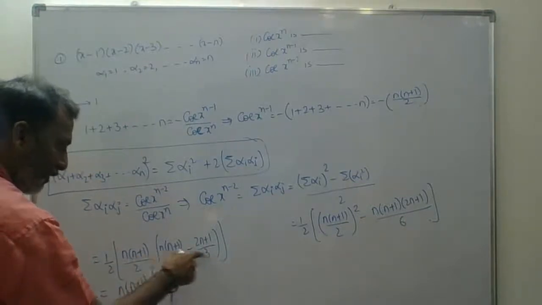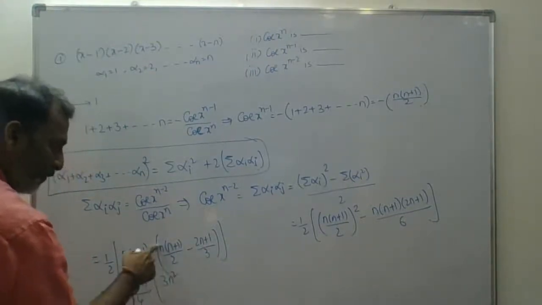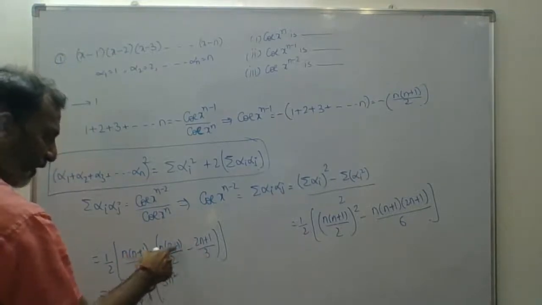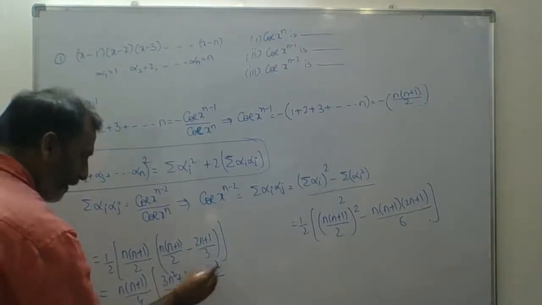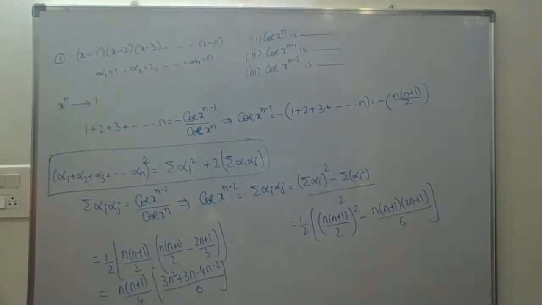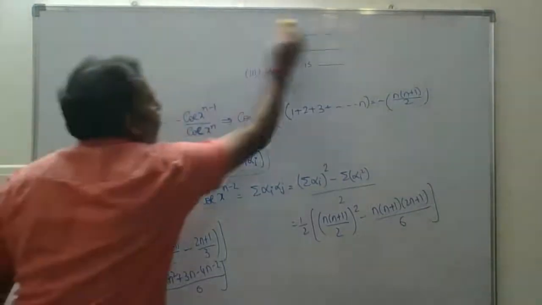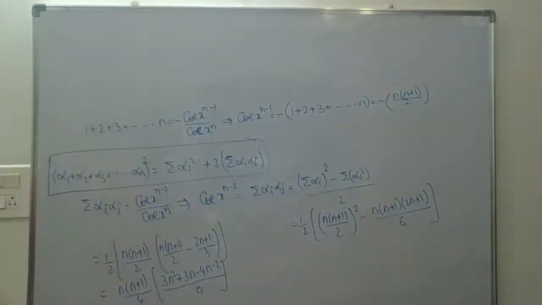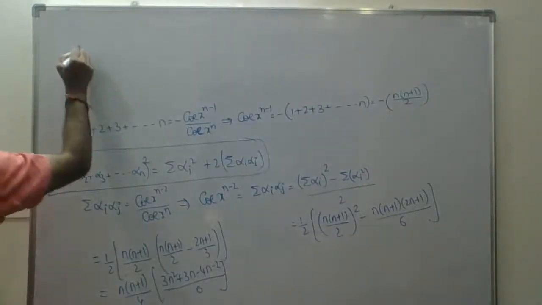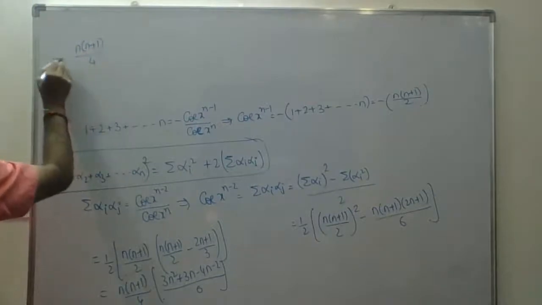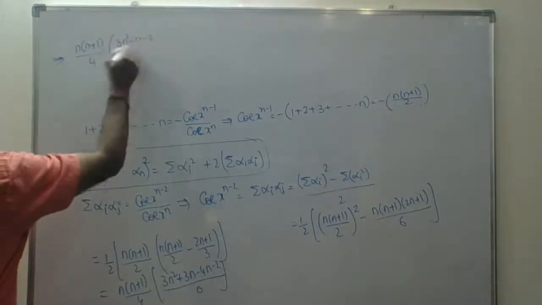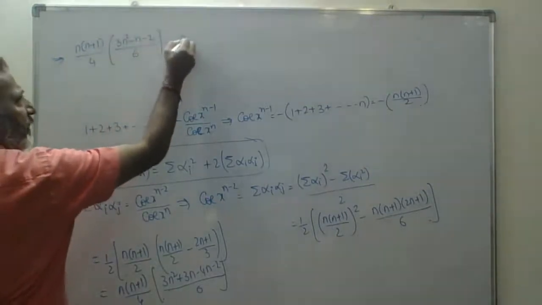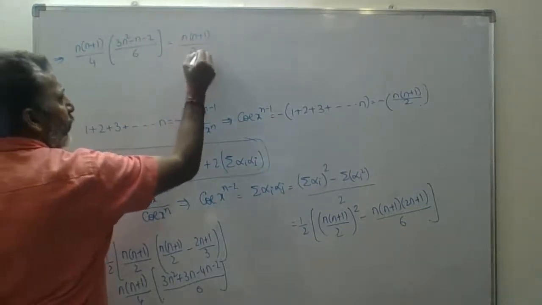If we take the LCM here, what comes? 3, right, 3n square, here n square comes, 3n square plus 3n minus 4n minus 2 by 6. So that is n into n plus 1 by 4 into 3n square minus n minus 2 by 6. n into n plus 1 by 24.